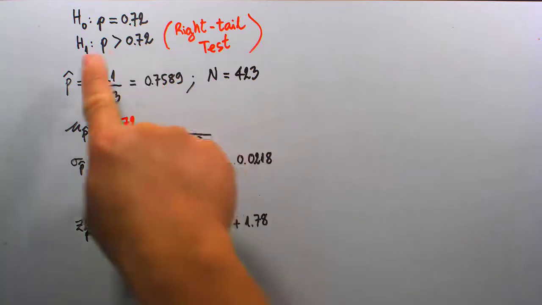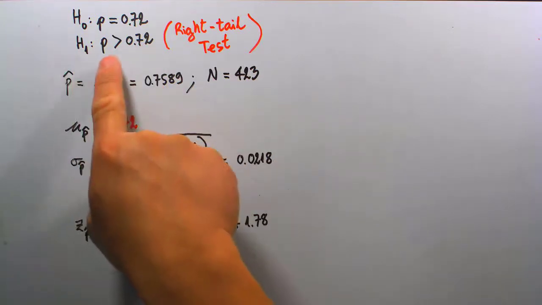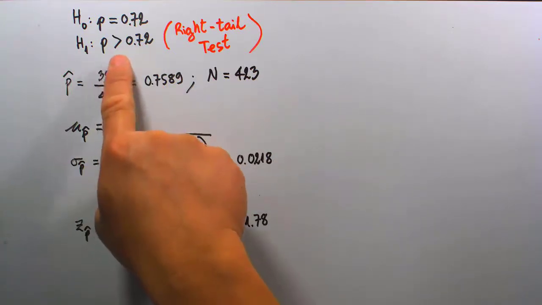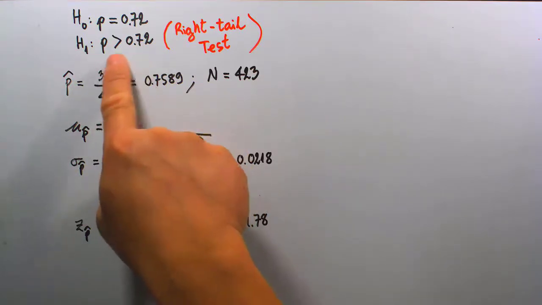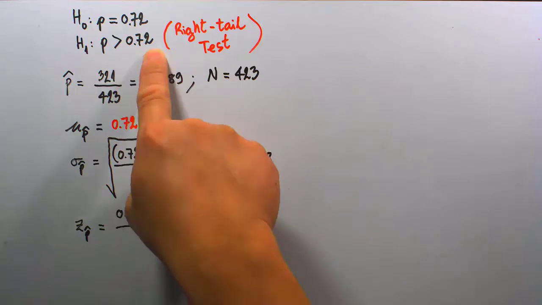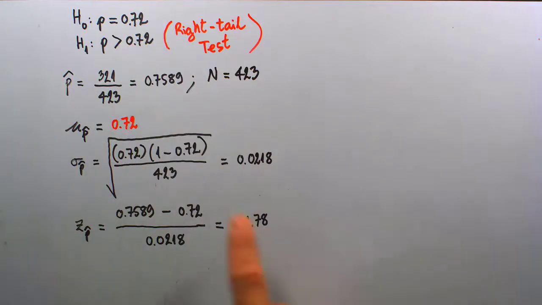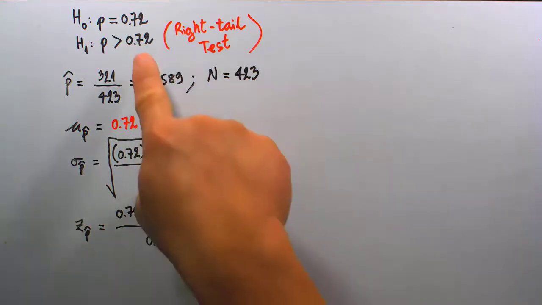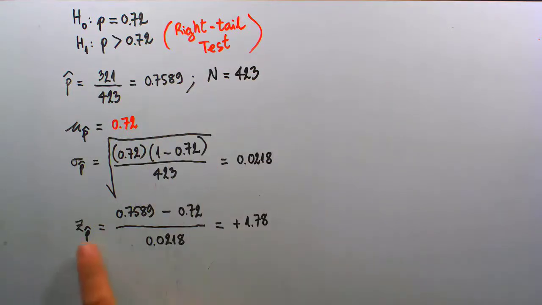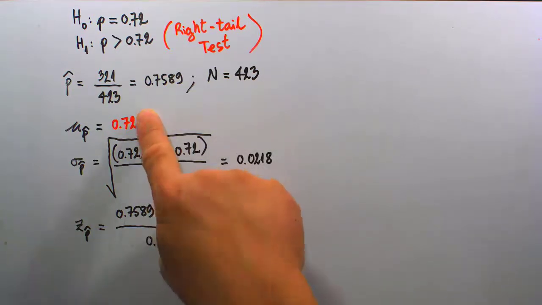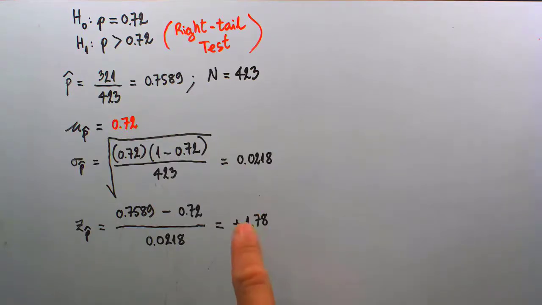Our alternative hypothesis says that we want to generally prove that the proportion of iPhone users should be above 0.72. And so our sample is consistent with that alternative hypothesis in the sense that it has a positive z-score, indicating that we are above this value being claimed. We are above the average, the center of all sample proportion values.